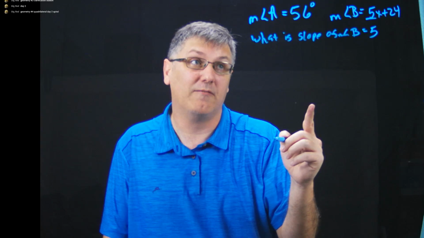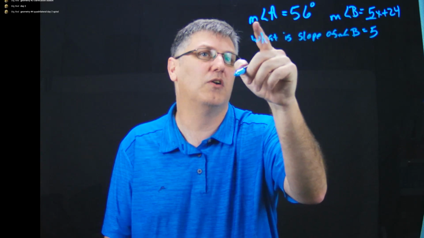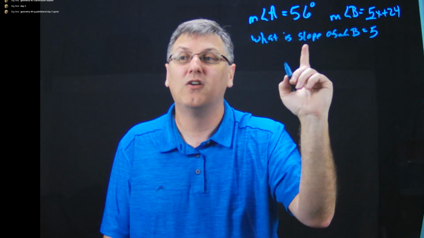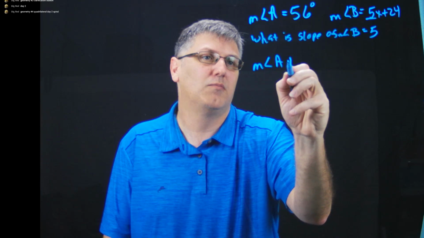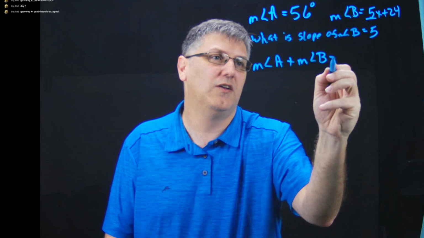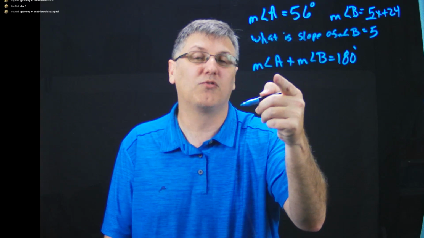We can calculate that because it tells me that these 2 angles, the measure of angle A and the measure of angle B, are supplementary. So what that tells me is that the measure of angle A plus the measure of angle B equals 180 degrees. All right, from here we just substitute in.